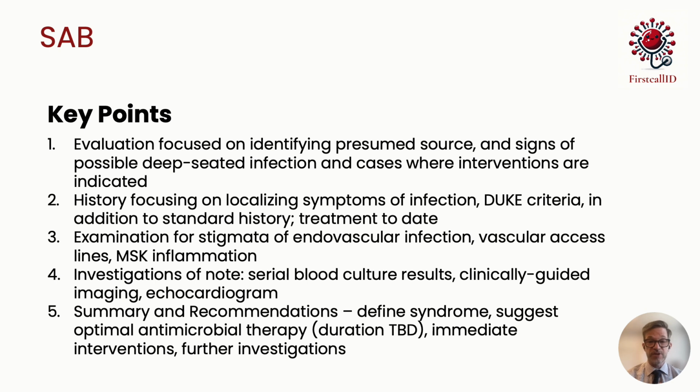We take the Duke criteria into account when assessing for infective endocarditis, in addition to our standard history and treatment to date. The examination highlights the evaluation for stigmata of endocarditis or endovascular infection in general, categorizing vascular access devices and lines, as well as evidence of musculoskeletal inflammation.